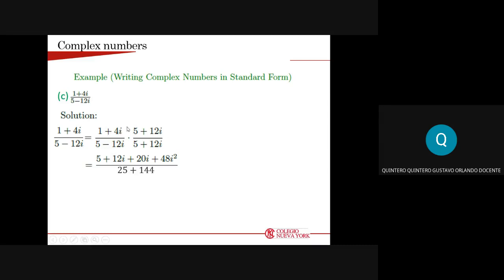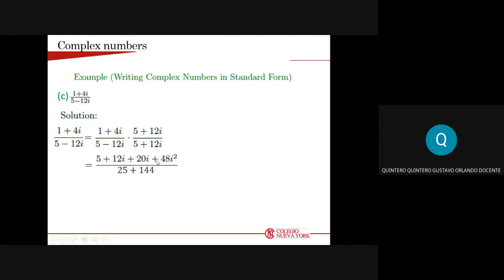Always. So 1 times 5, 5. 1 times 12i, 12i. 4i times 5, 20i. And lasts, 4i times 12i. So positive and positive, positive. 4 times 12, 48, i times i squared. From here, try to do the algebra that you can. Remember, this 48 will be negative 48 because we have an i squared.